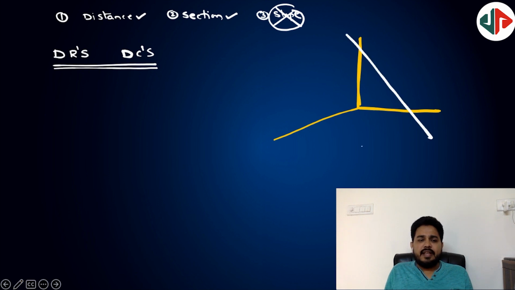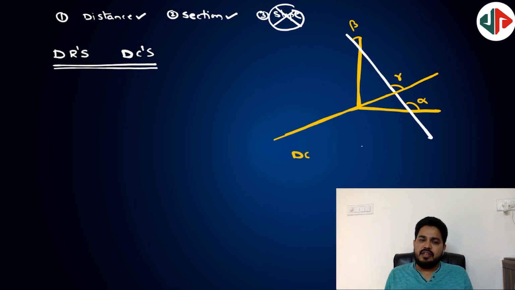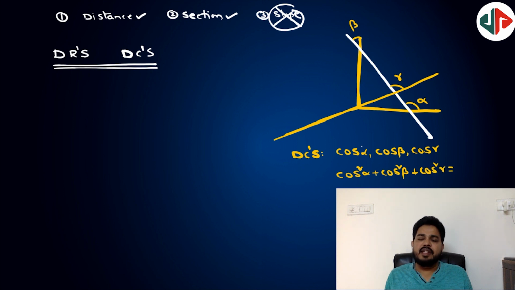Let us assume this line is making an angle alpha with the x-axis, beta with the y-axis, gamma with the z-axis. Direction cosines are defined as cos alpha, cos beta, cos gamma. The main property of this is cos square alpha plus cos square beta plus cos square gamma is equal to 1.